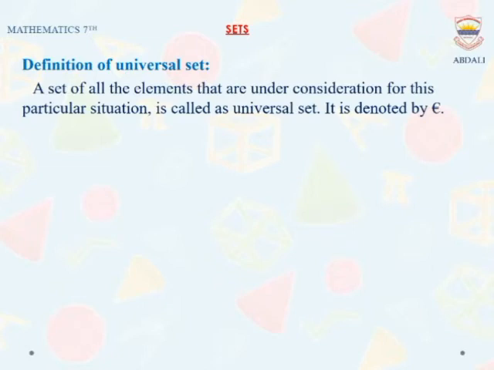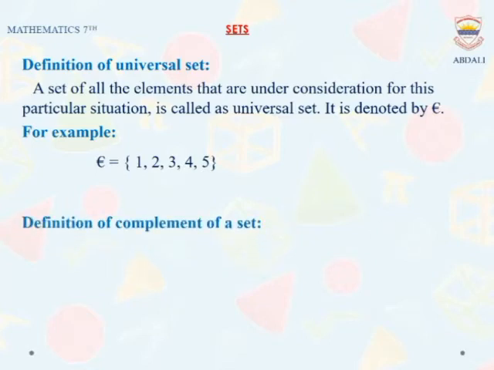So the universal set is like our universe which has everything in it. So for a particular situation, every related object will come under the universal set. We will see an example, like here is a universal set which is 1, 2, 3, 4, 5 for a specific problem.